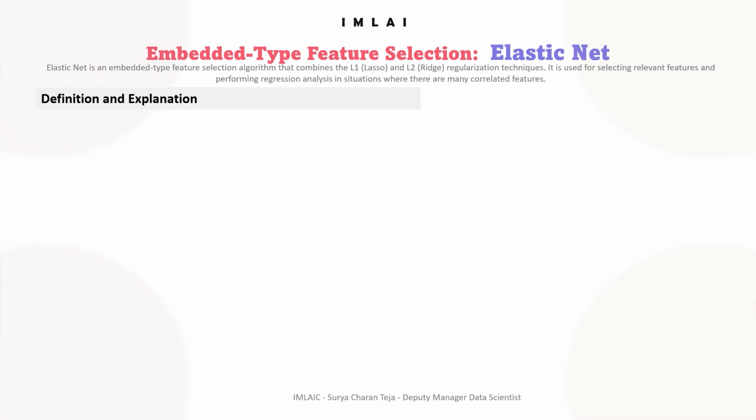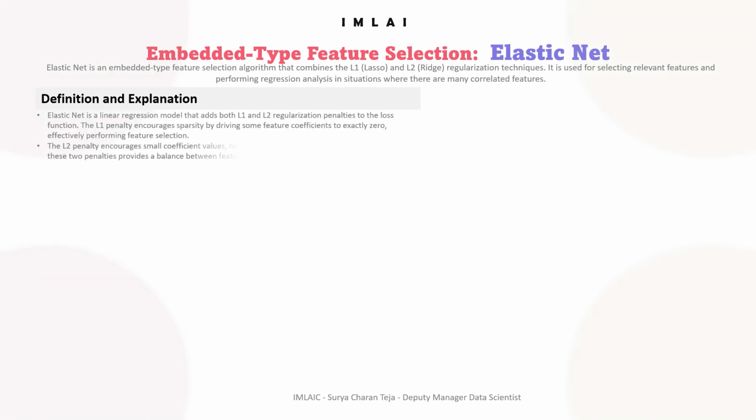The L2 penalty encourages small coefficient values, helping to reduce overfitting. So, the combination of these two penalties provides a balance between feature selection and regularization.